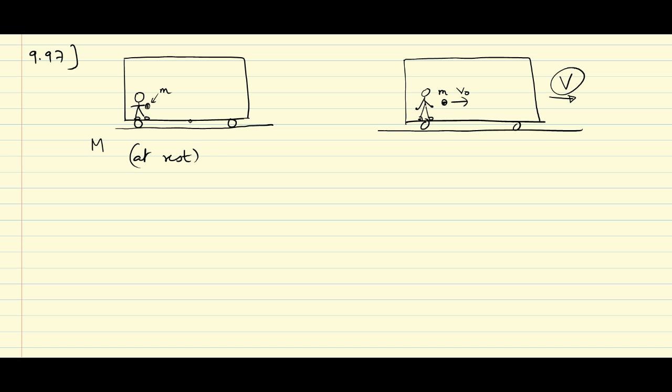So the momentum initially of the system was equal to 0, and the momentum finally, let's take rightward as positive, is m times v0, and remember the car and the passenger, the boy, have a total mass of M, so their momentum must be M into V, and this gives me the value of V to be minus m v0 divided by capital M, and the minus sign is of course expected.